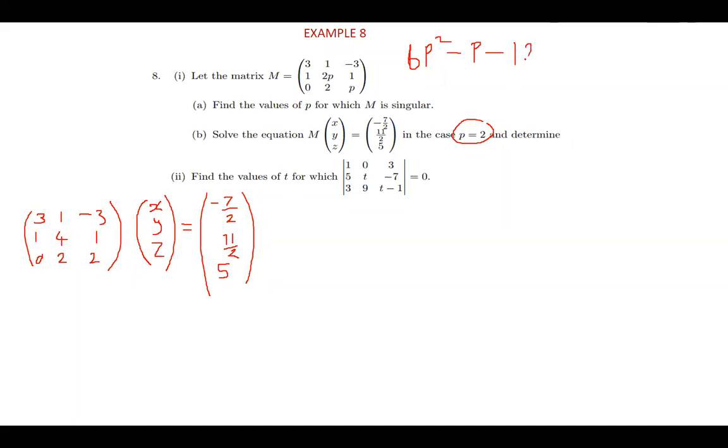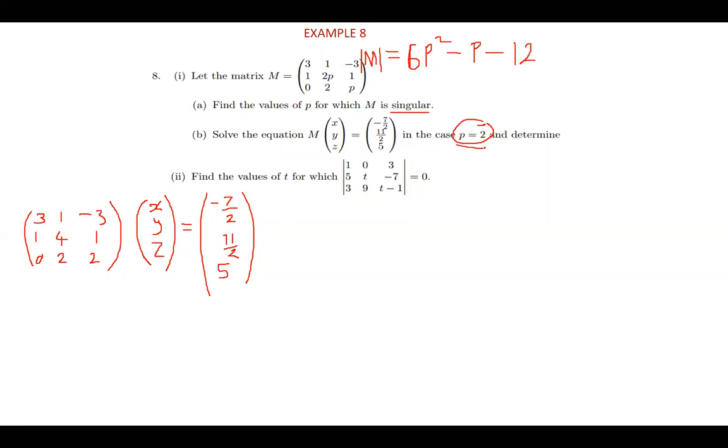So this is the determinant of the matrix M. We equated it to 0 at first because they told us this matrix M was singular in the first question. But in this case, it's not singular. So this is the expression that we found, and we can use the same expression to find its determinant when P is equal to 2.